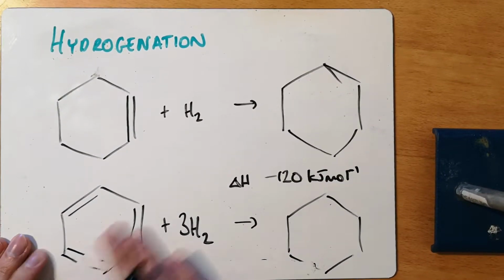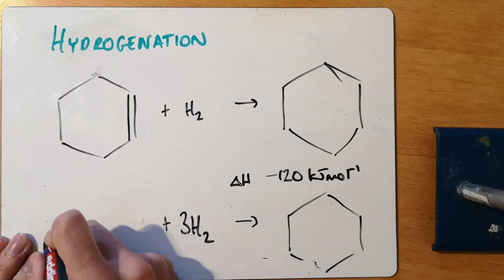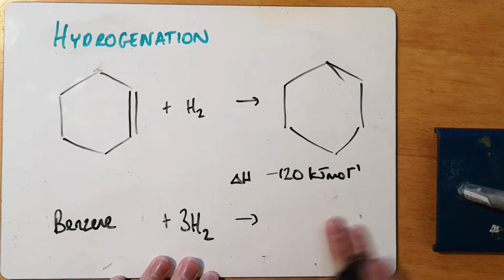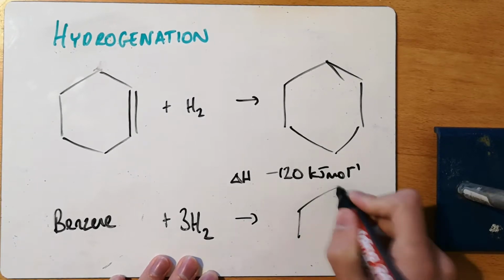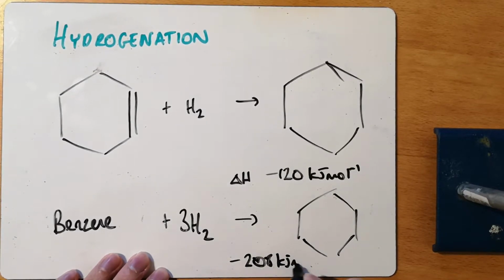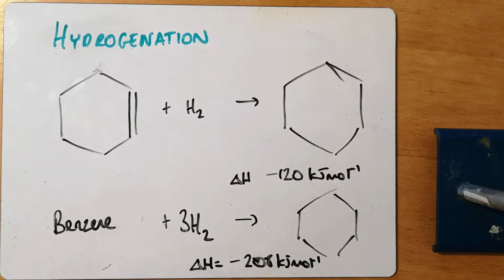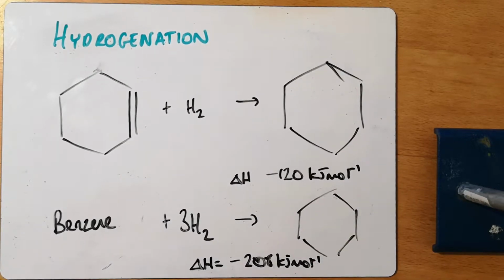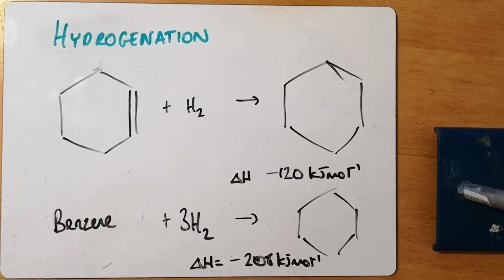Instead, our benzene plus 3H2 to form cyclohexane is actually minus 208 kilojoules per mole. So we get this change in enthalpy of hydrogenation that we wouldn't expect if Kekule's structure is right.